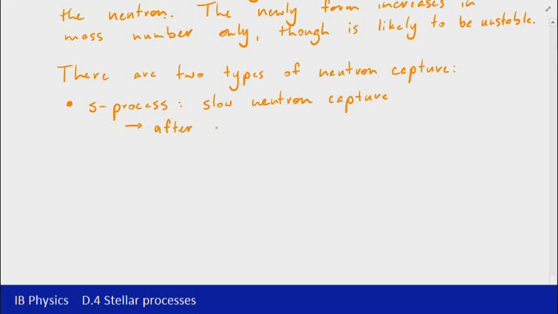So after a neutron's captured, the nucleus can undergo beta decay. So if we consider that the nucleus undergoes beta decay, the type of decay that we're talking about there is when a neutron becomes a proton, and a beta particle and an electron antineutrino are also released.